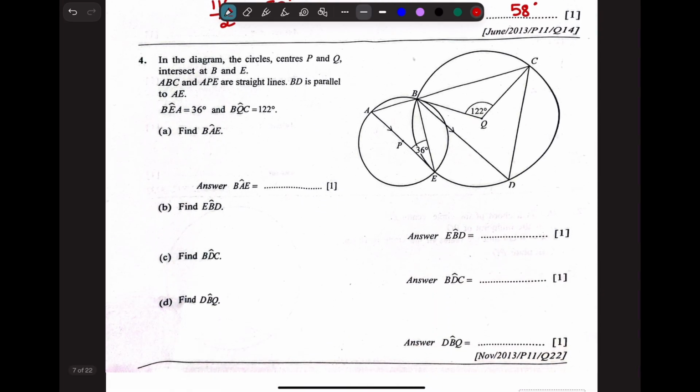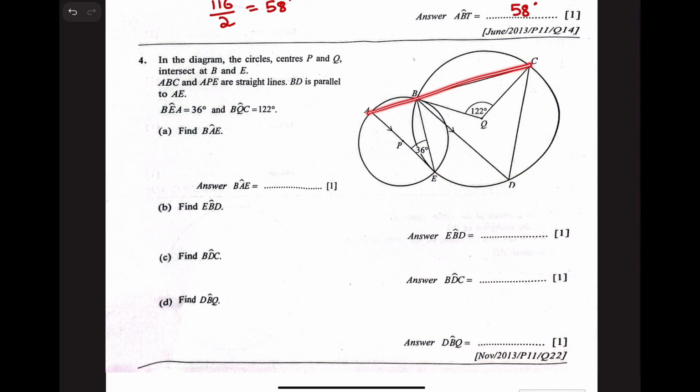Okay, so in the diagram, the circles with centers P and Q intersect at B and E. Both the circles intersect at B and E. ABC and APE are straight lines.